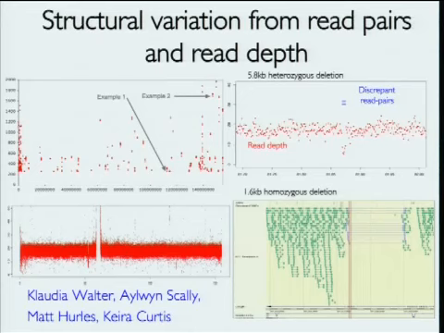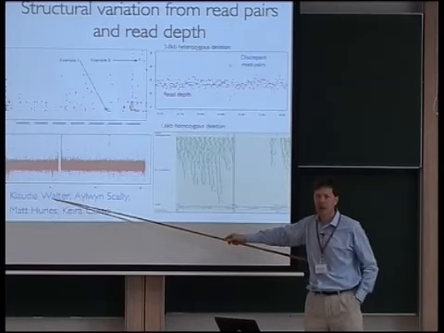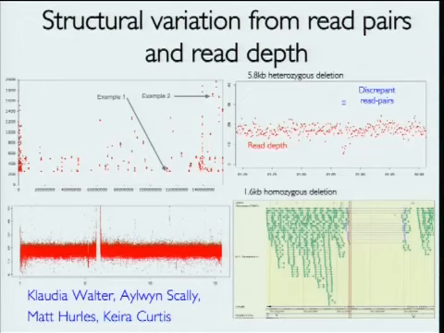And you've heard already about obtaining structural variation basically from this type of data. I think Matt has been involved in this analysis, and Claudia, who's at the meeting and has a poster about this. You can use this sequence data in two ways, really. One is read depth, places where there are lots of extra copies. And the other is read pairs, where there's a part of the genome that isn't represented.